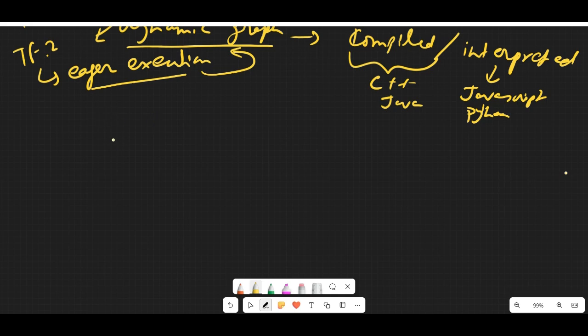Because of the community support, different people take their sides whether to go with TensorFlow or with PyTorch.